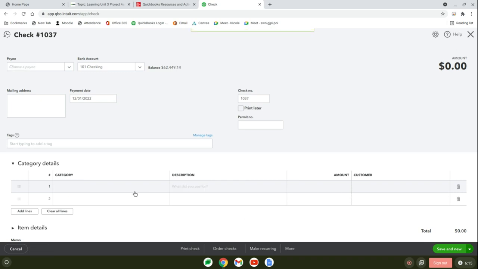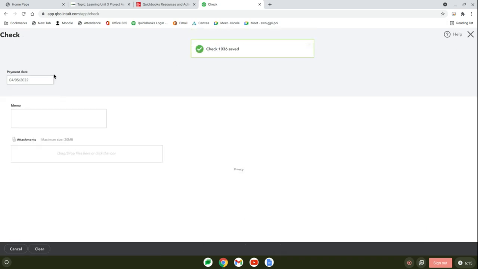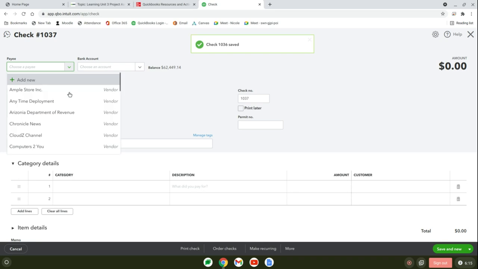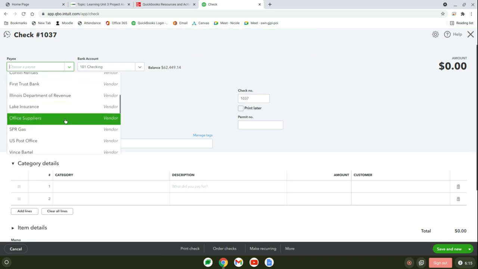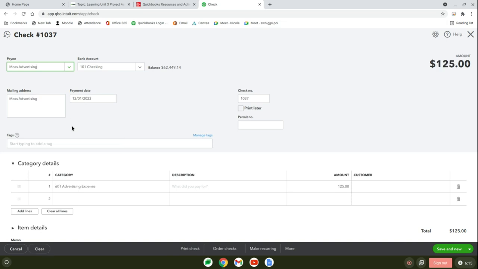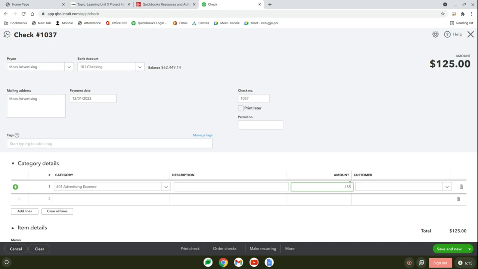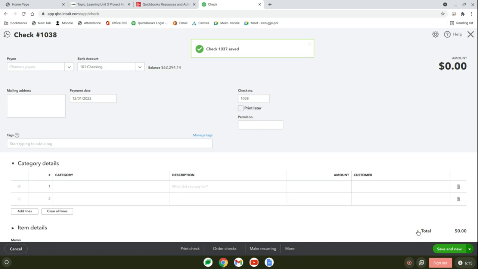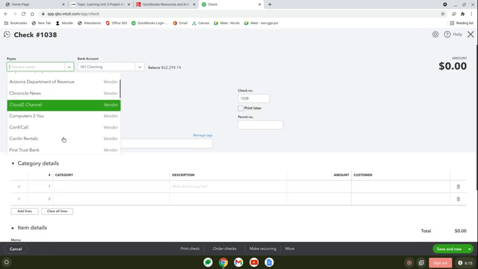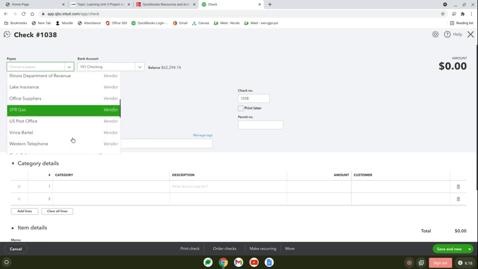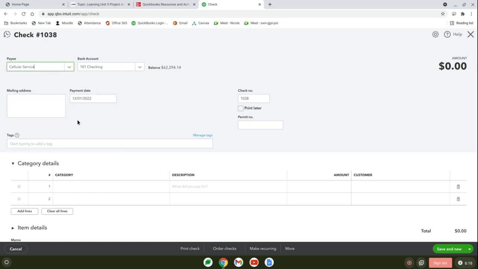The next one is Moss Advertising. And we don't need to change the date. We just need to override the amount of $155. Save and new, because it's the same date. The next one is cellular service, and it's for $82.13, save and new.